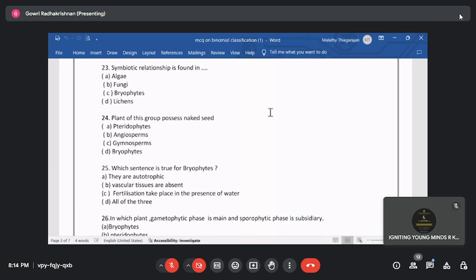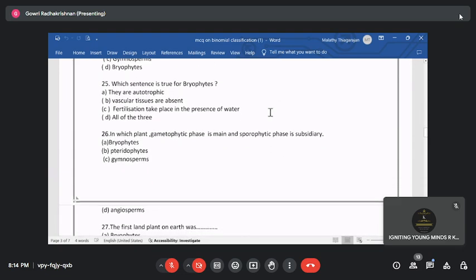Basically they are named as plants with naked seed because they don't have flowers or fruits or anything. Just a seed comes out. Can you give an example of gymnosperms? Pine trees, ma'am. Yes, pine trees and pine cones are what we say have the naked seed.